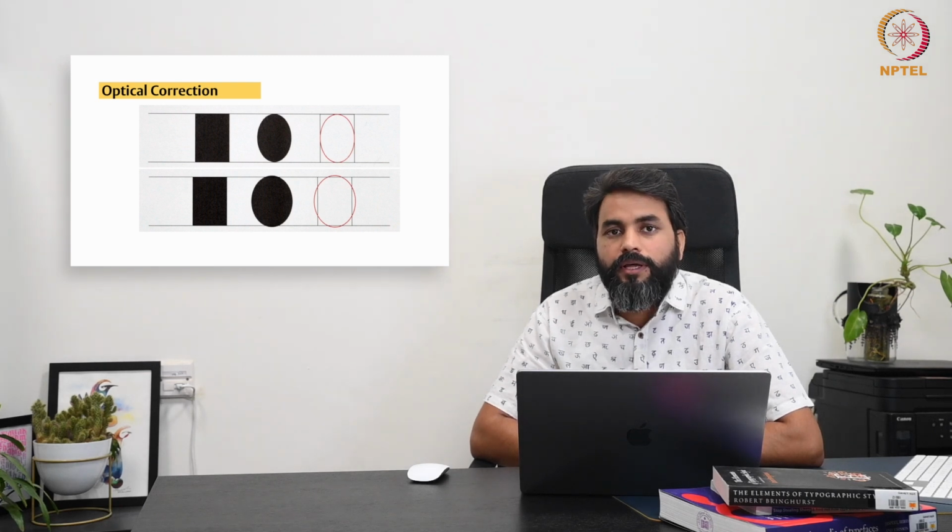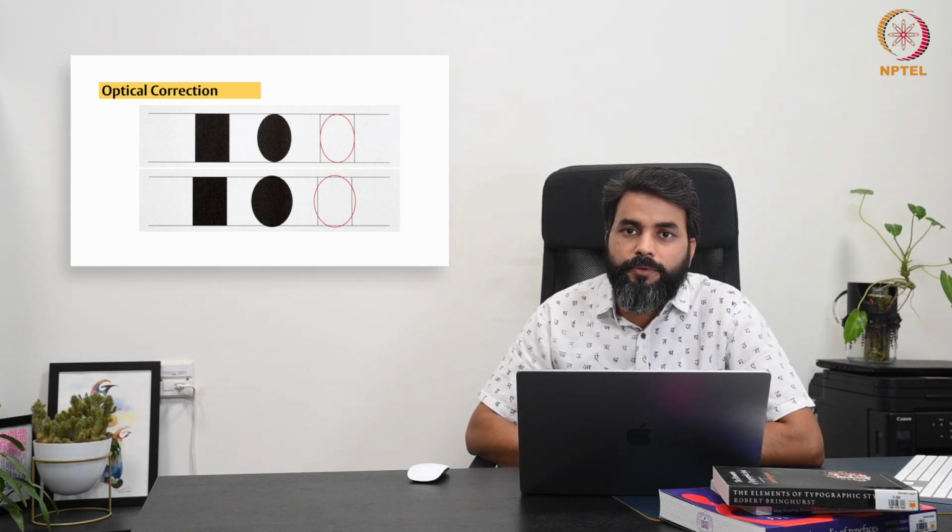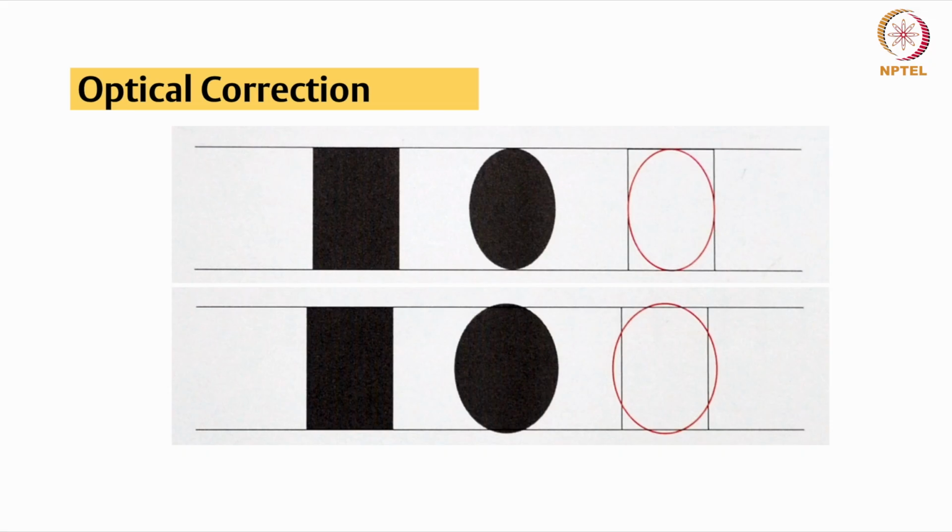For example, as visible in the top image, if rectangular and oval forms have the same height and width, the oval form looks physically smaller, right? So to match this with the rectangular form, the size of the oval form is increased a little bit, so that both look very balanced and of equal weight.